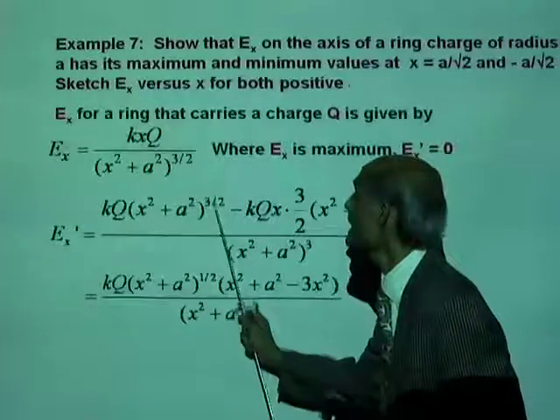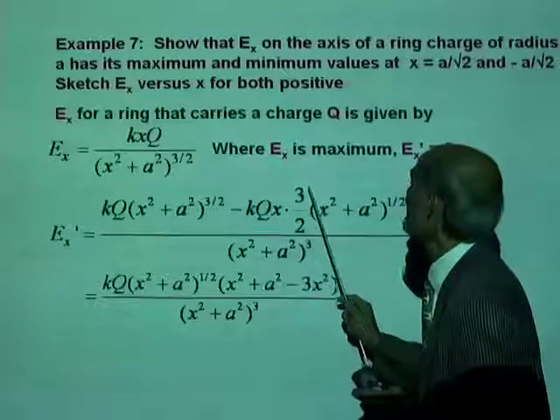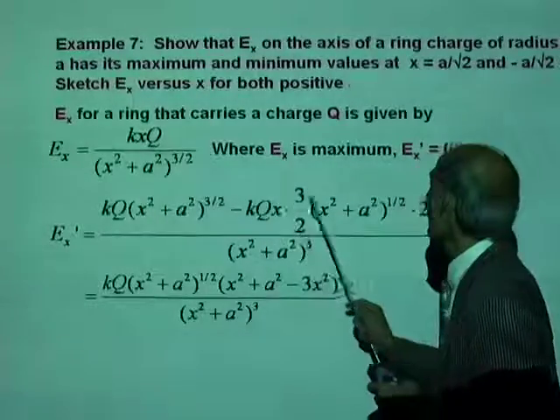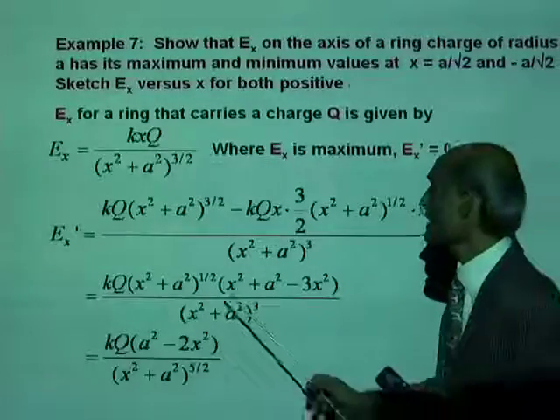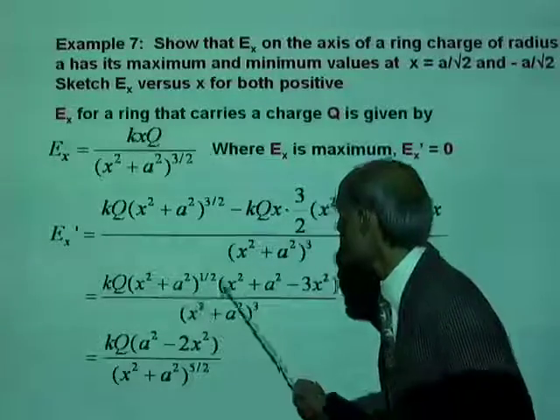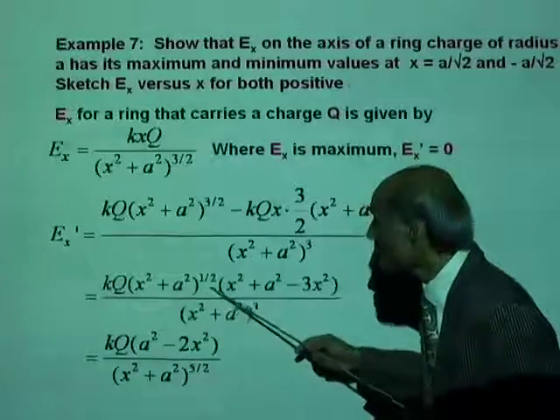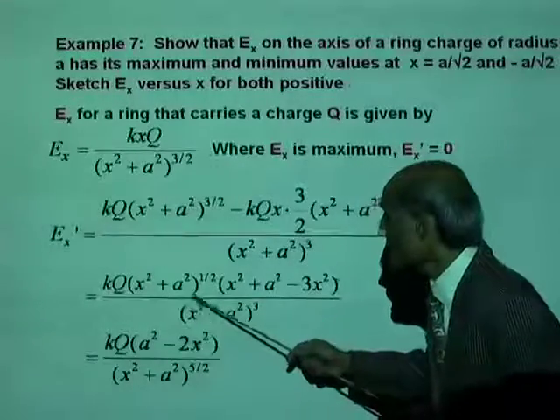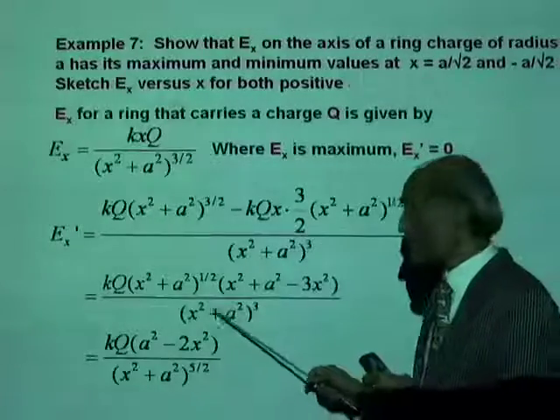What is left here is x squared plus a squared, minus what is left there, which will be 3x times x, that is 3x squared. And when you simplify that, you get kq times a squared. This (x squared plus a squared) to the power of 1/2 cancels with the one in the denominator.